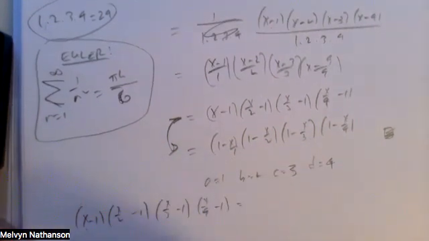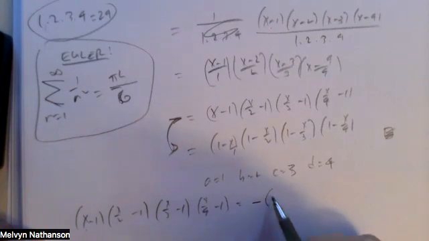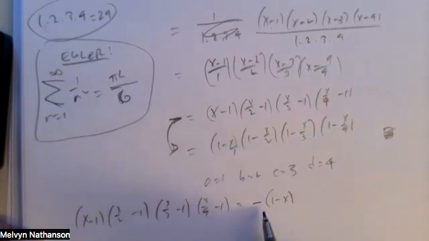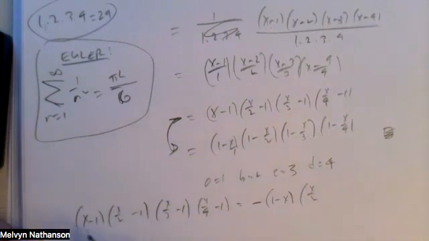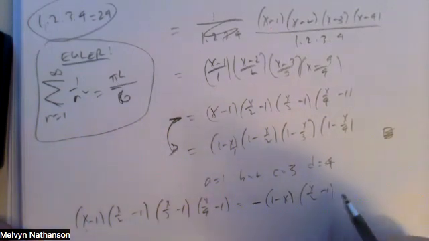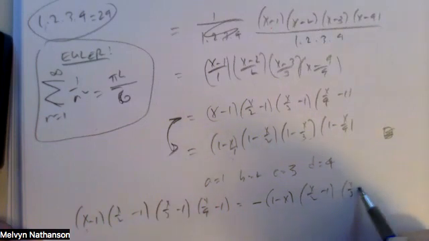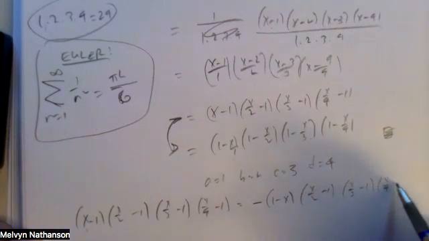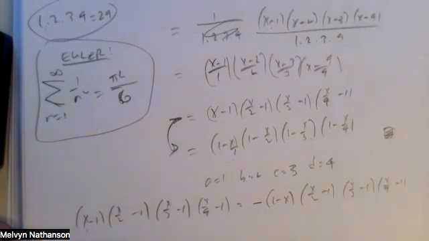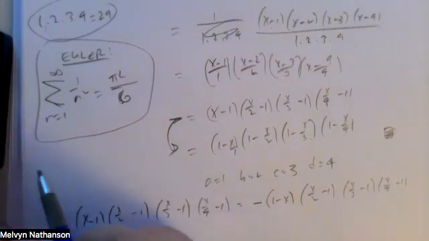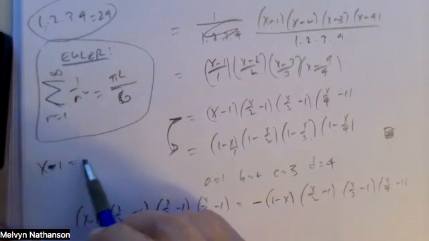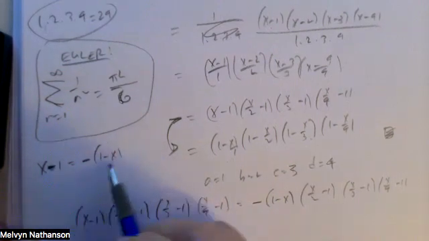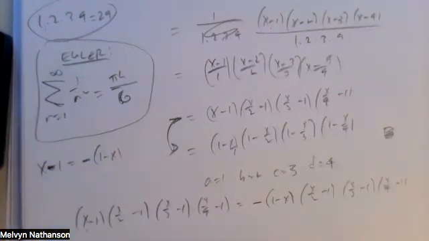You'll notice that x minus 1 is minus 1 minus x, right? Do you believe that? x minus 1 is minus 1 minus x. So you just get minus 1 plus x.